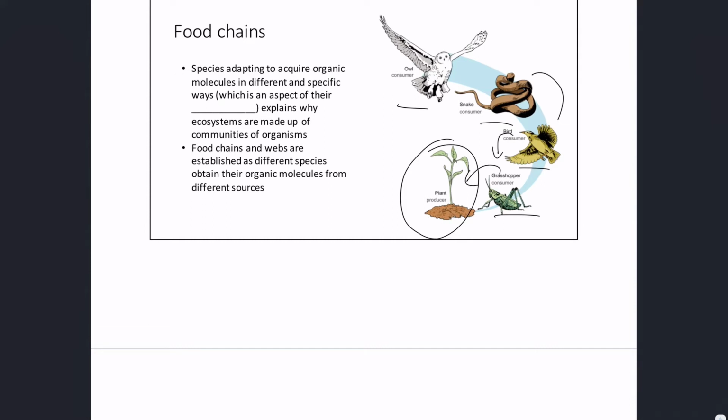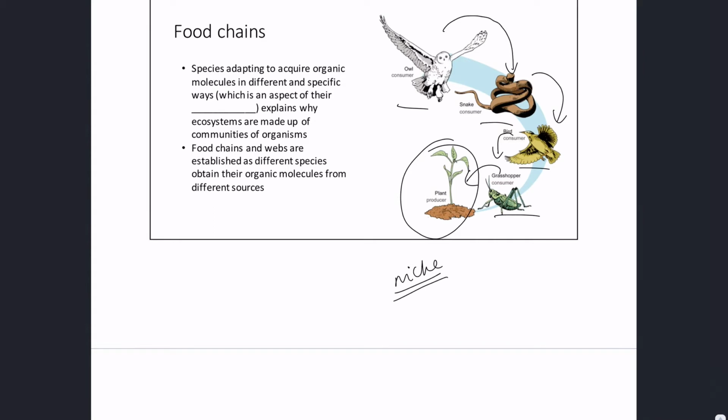The snake is adapted to eat the bird. The owl is adapted to eat the snake, and so on. So because all these organisms have adapted different ways of getting these complex organic molecules, this is why we have so many different organisms, because they've all adapted to find their own niche. Okay, so they've occupied a niche.